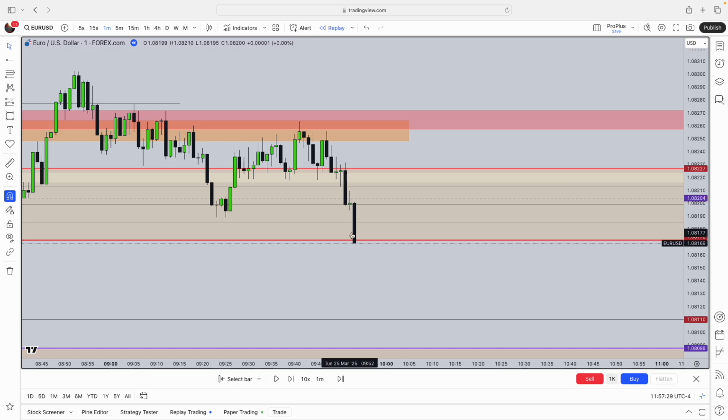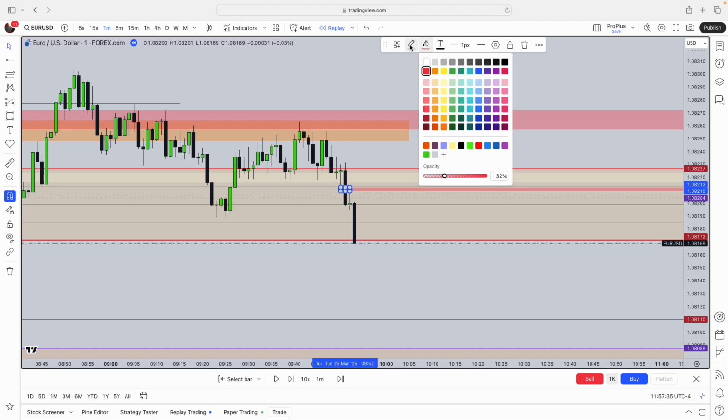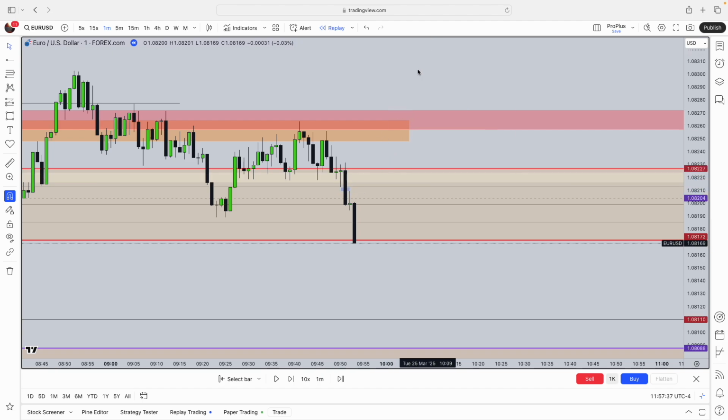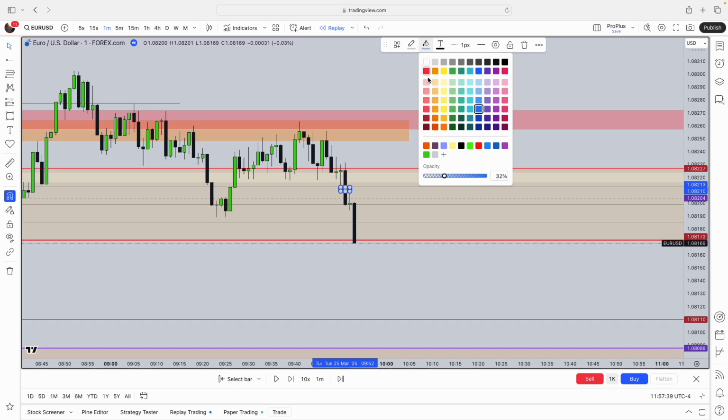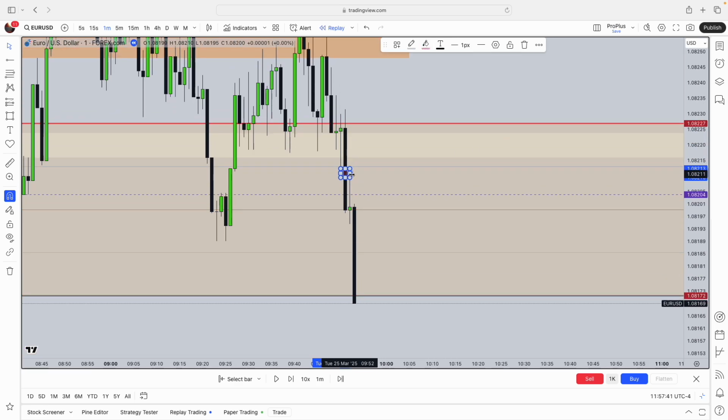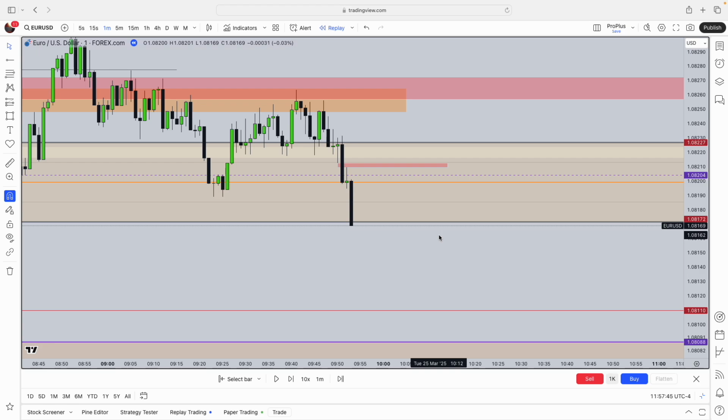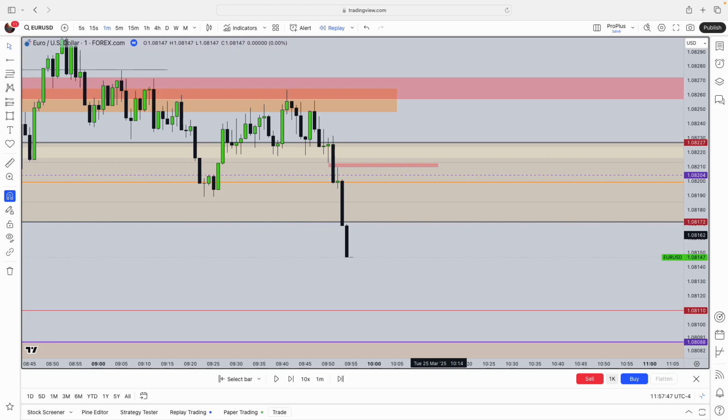Look at these candles here, that's displacement right there. Fair value gap here, let's make it red. Fair value gap there. Another fair value gap here, and another fair value gap there.